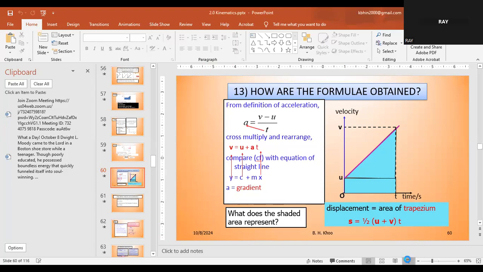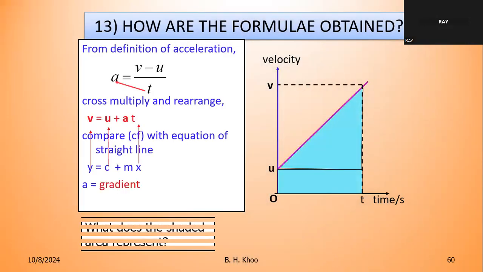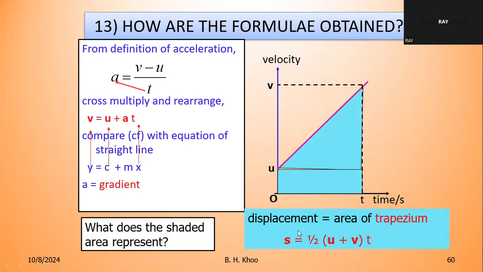So this should be able to find the area of the trapezium, right? Which is half U plus V times T, right? That's your U, that's your V. We add them, take half of it, times your time. That's the area of the trapezium.